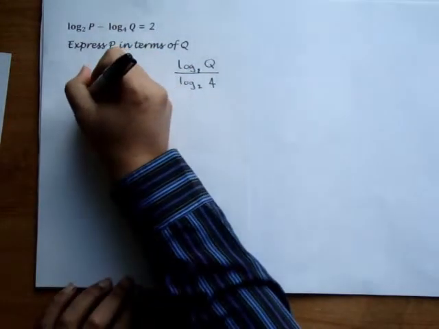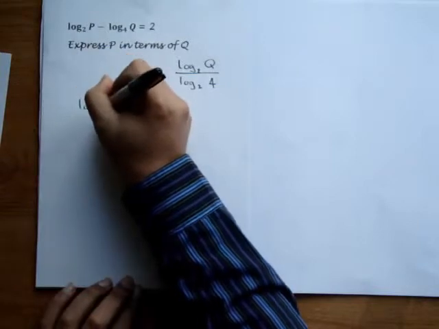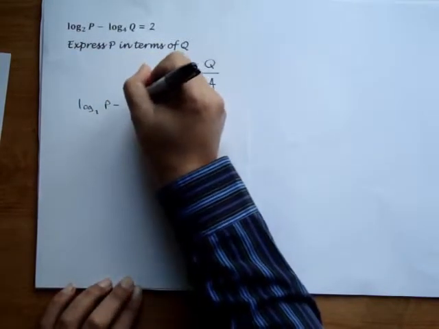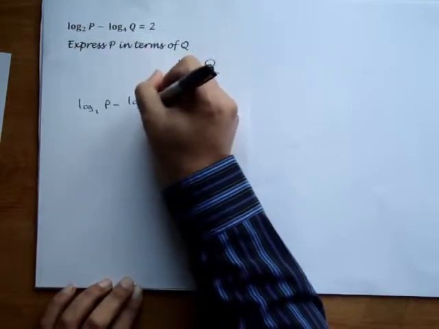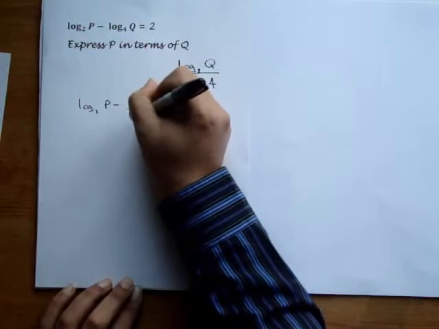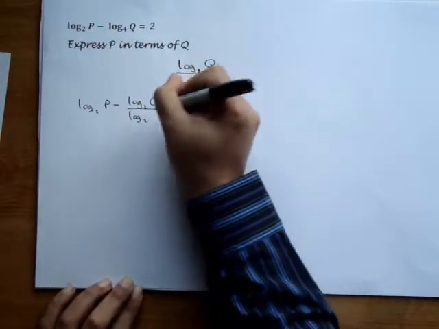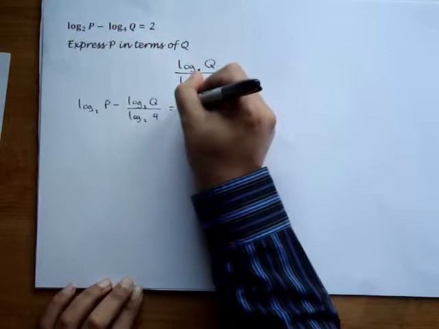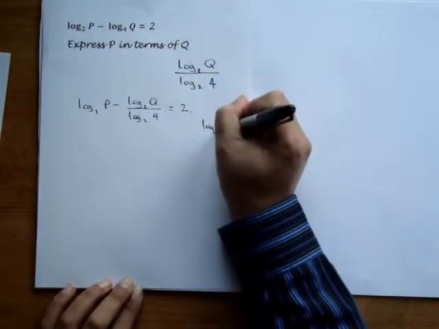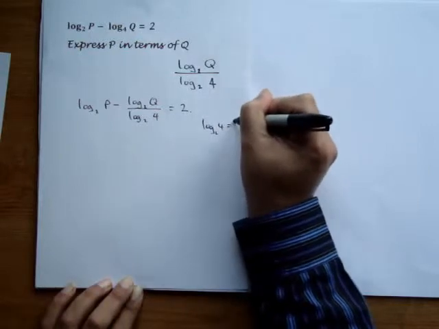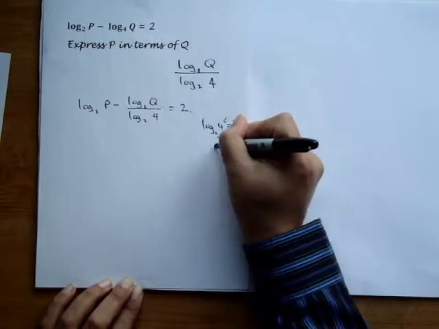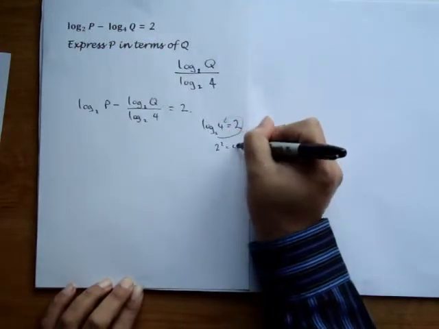So this then becomes log base 2 of p minus log base 2 of q, divided by log base 2 of 4, equals 2. Now the log base 2 of 4 is 2, so we can see how we got to that. So 2 to the 2 equals 4.